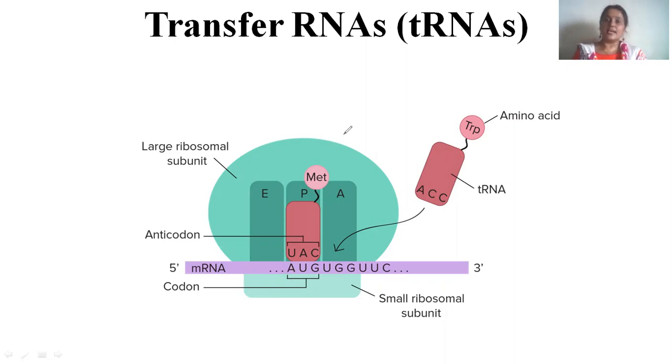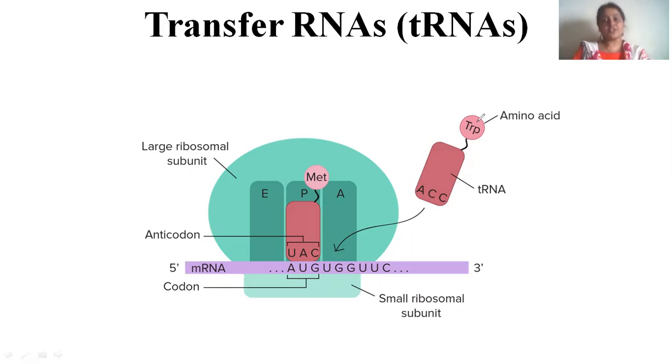This tRNA is around 70 to 95 nucleotides long, and it has different features. The first feature of tRNA is that it has an accepting stem. On this accepting stem, it always has an amino acid. This is the accepting stem. It has an active amino acid over here.